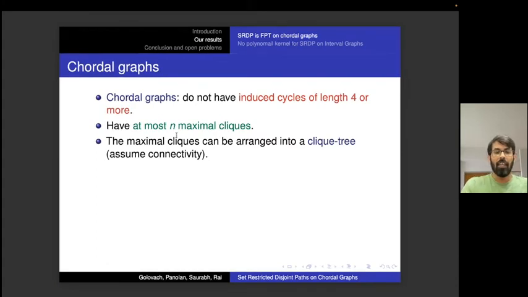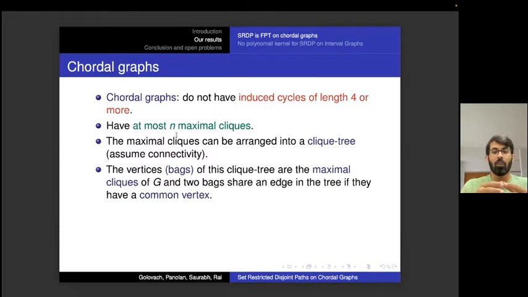And what is this clique tree? You can assume it to be a graph where the vertices are the maximal cliques of the chordal graph G, and two vertices of this clique tree share an edge if they have a common vertex.